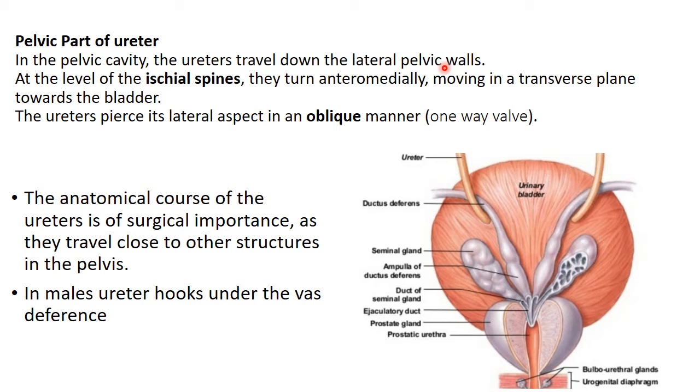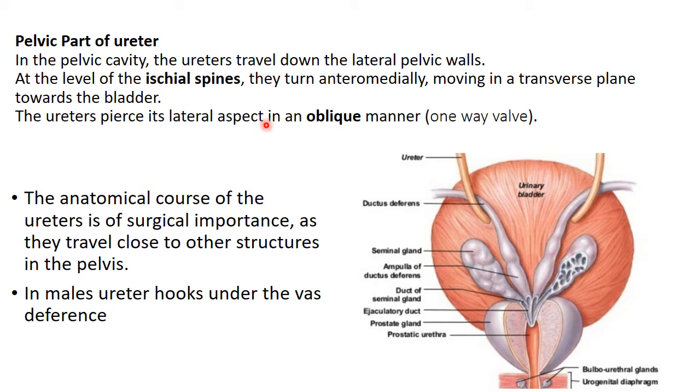When it reaches the level of the ischial spine, it turns anteromedially. Then the course is almost horizontal and it runs towards the bladder, entering the bladder obliquely in the muscular wall.